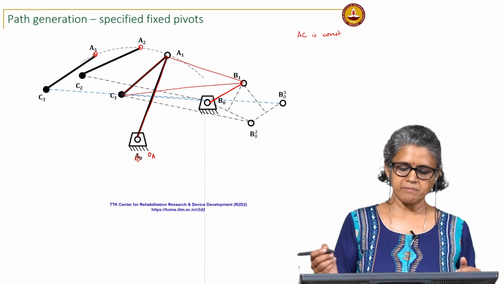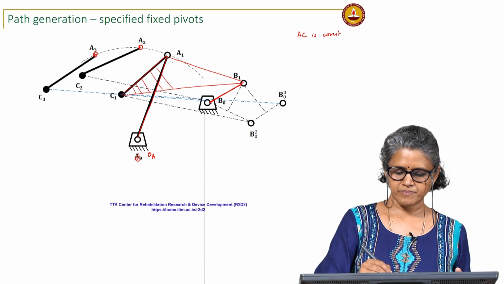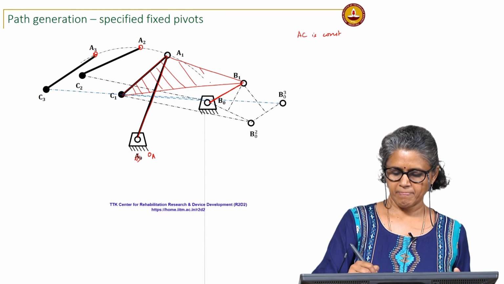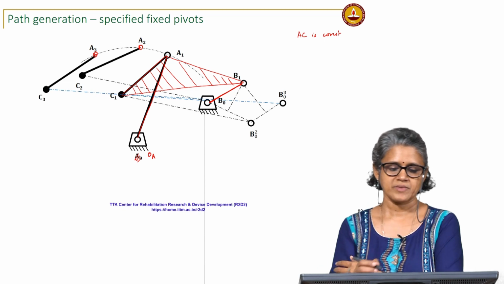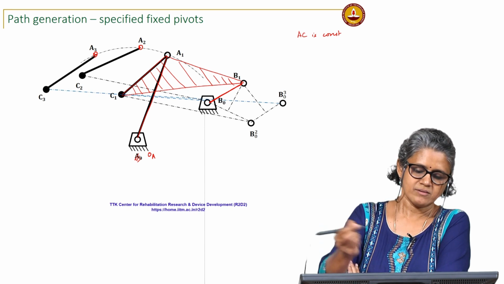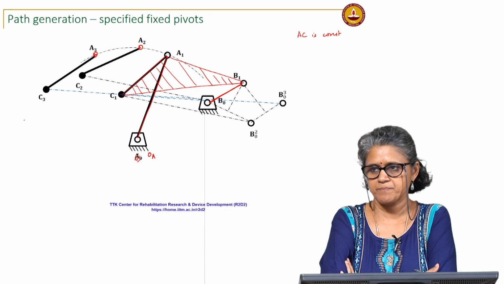Okay, and this is my coupler. A1, B1, C1 is my coupler. And if I have this linkage, then it will move through C2 and C3 as well.